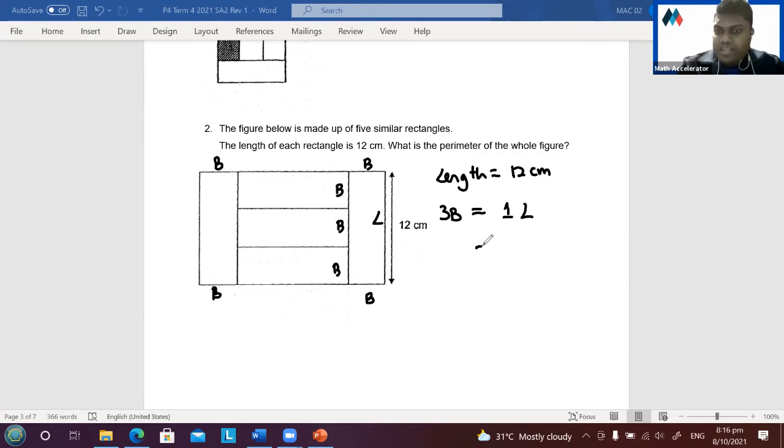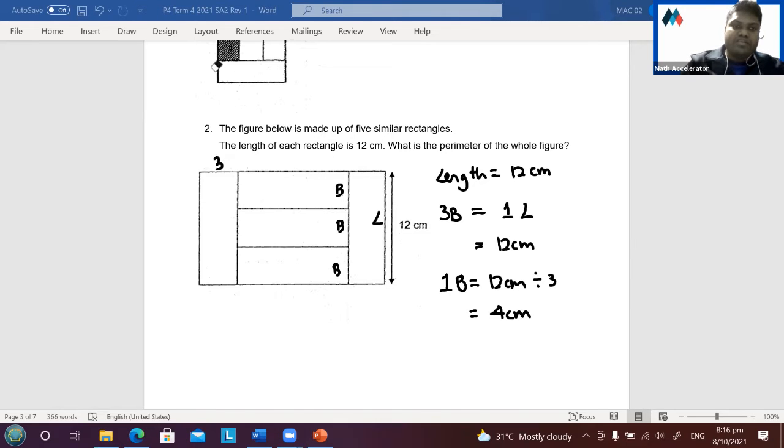Okay, so you know the length is 12 cm. So 3 breadth equals 12 cm. 1 breadth equals 12 cm divided by 3 equals 4 cm. Okay, so let's go and find the perimeter of the whole figure.